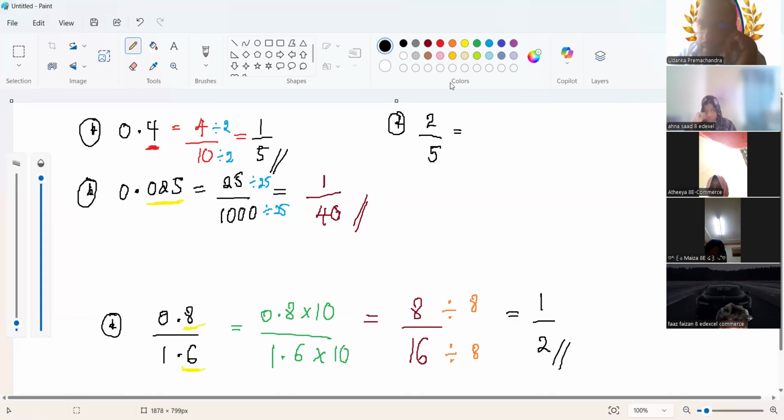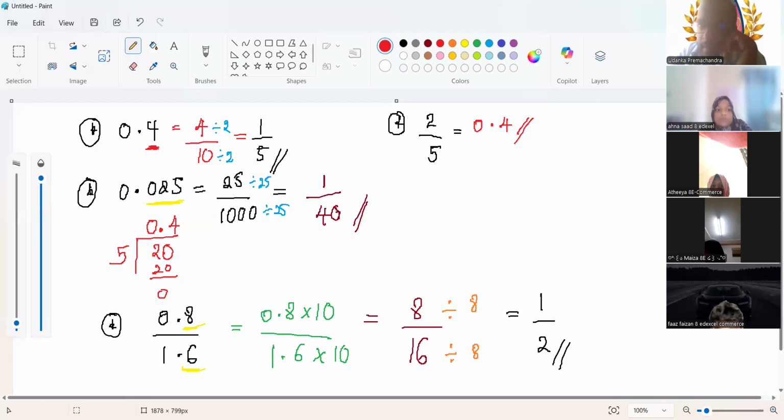If you want, you can use the long division method. Here 2 divided by 5. How many 5s in 2? 0. You can place a decimal point and put a 0. Then 20, 5 times 4 is 20, so the remainder is 0. You can write it as 0.4. You can use a calculator otherwise.